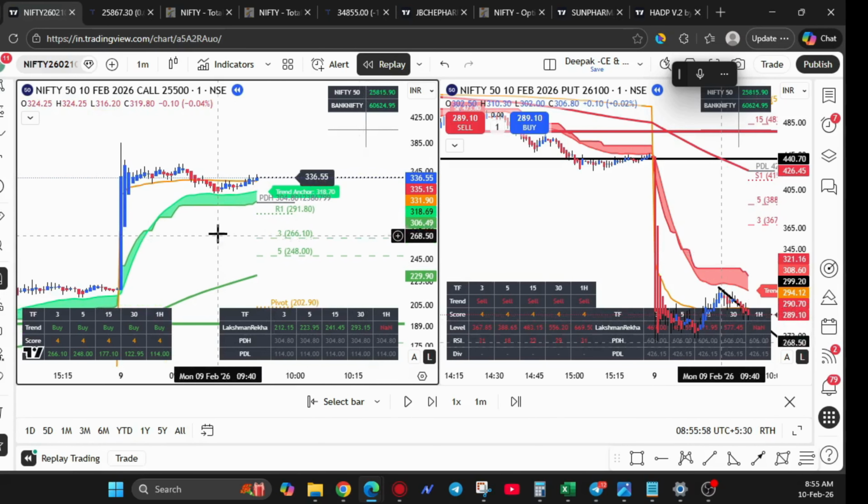Now the candles are very close to the trend. Let's see what happens.